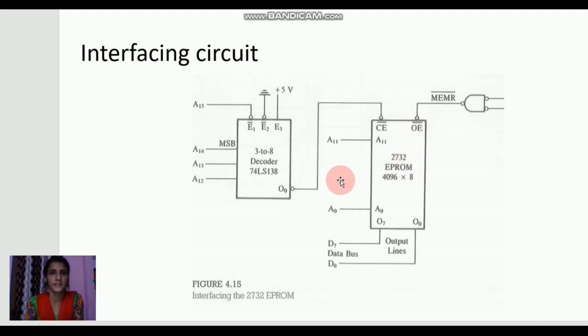The remaining 12 address lines A11 to A0 are given directly to the memory chip. Input output memory and read both should be low to read the data. These two signals are combined and give the output enable of the memory chip. The output data bus of the chip is connected to the data bus of the processor.